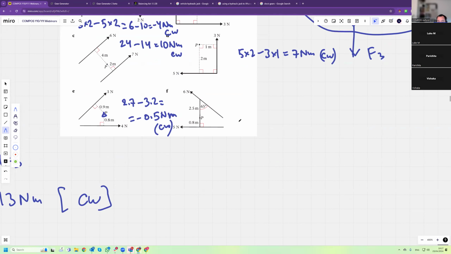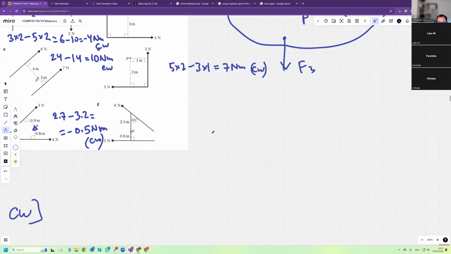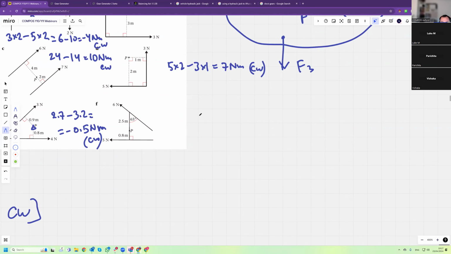Now here it is slightly tricky. So the clockwise is 0.8 times 5. And for the anti-clockwise, now you need a perpendicular distance, remember? So it's going to be 2.5 times 6 times sine 65 degrees.